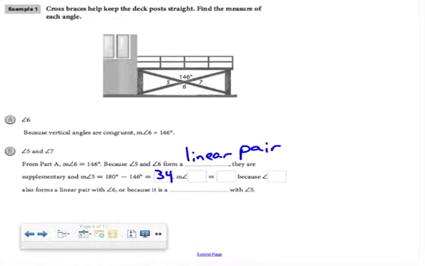And the measure of angle 7 will also equal 34 because the measure of angle 7 also forms a linear pair with angle 6, or because it is a vertical angle with angle 5.